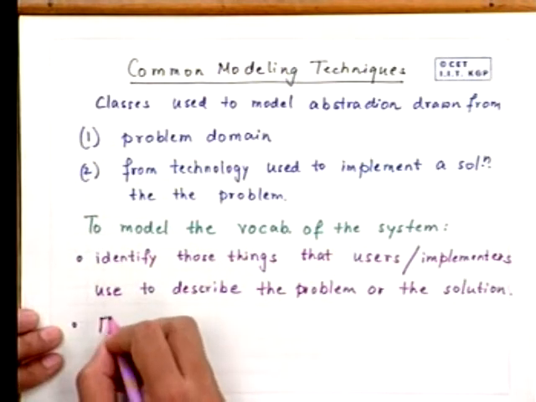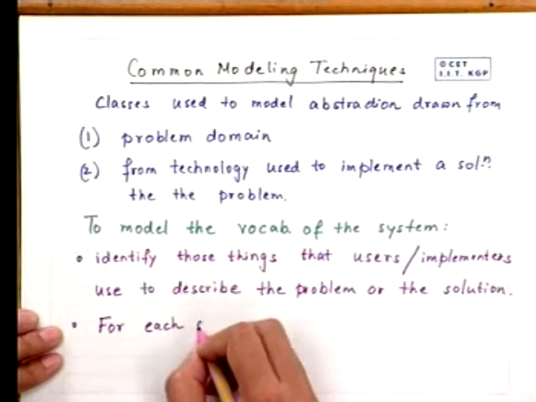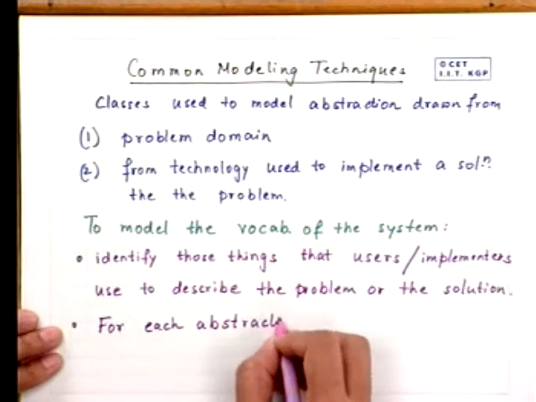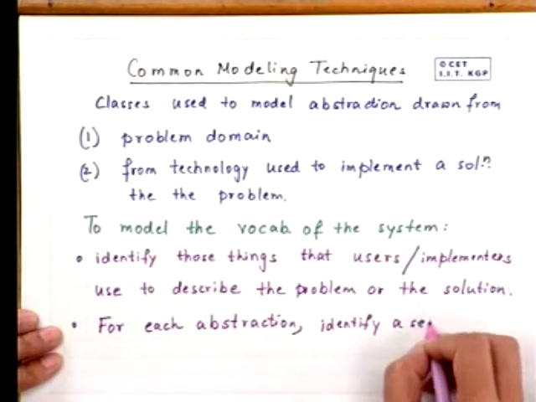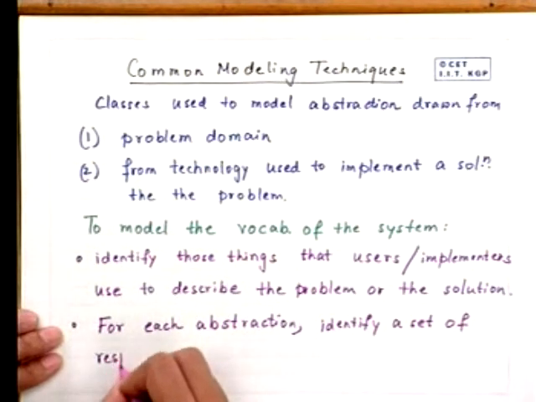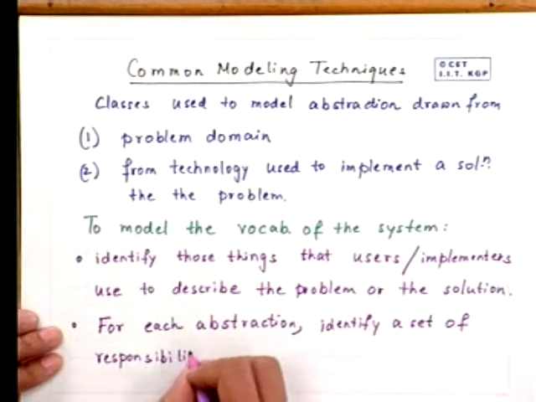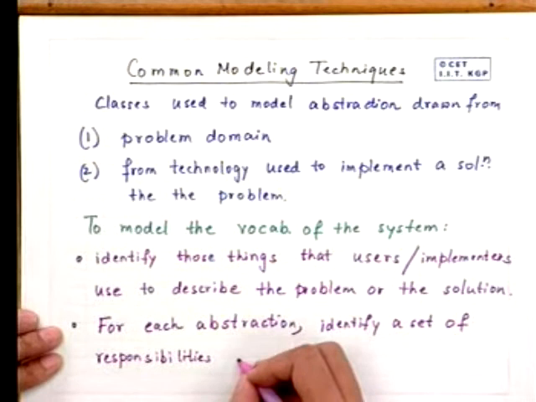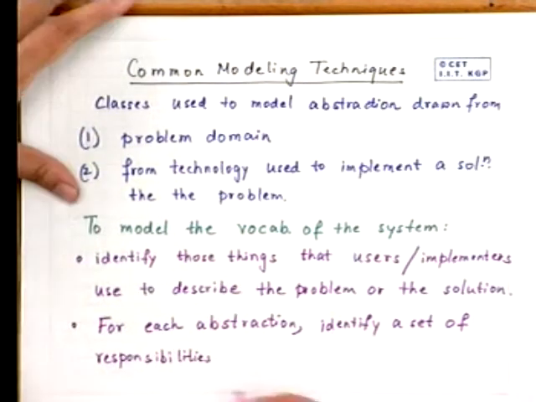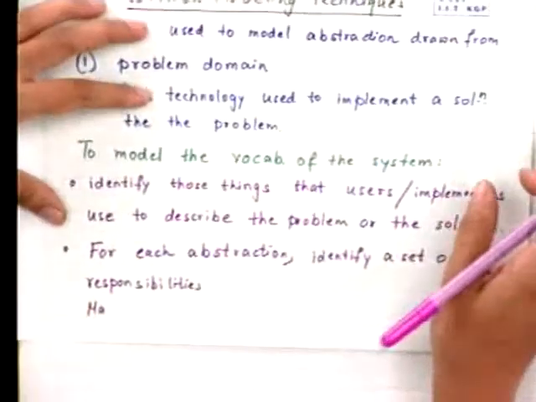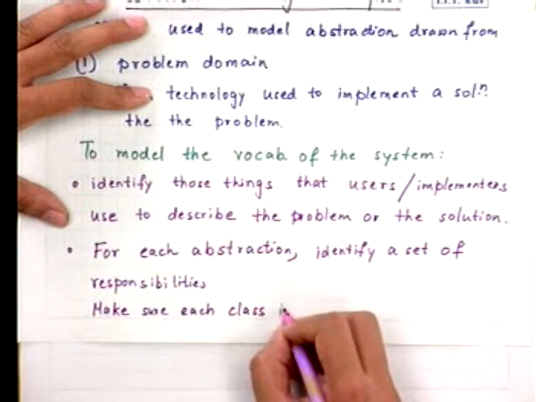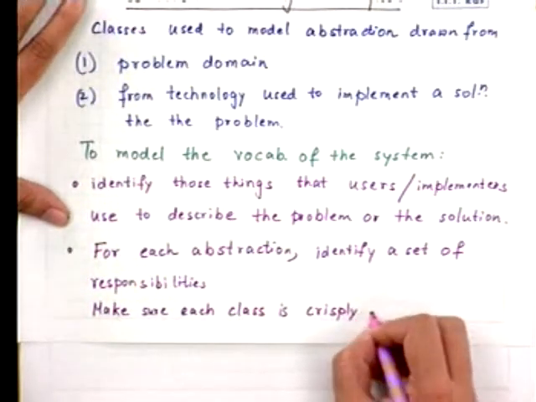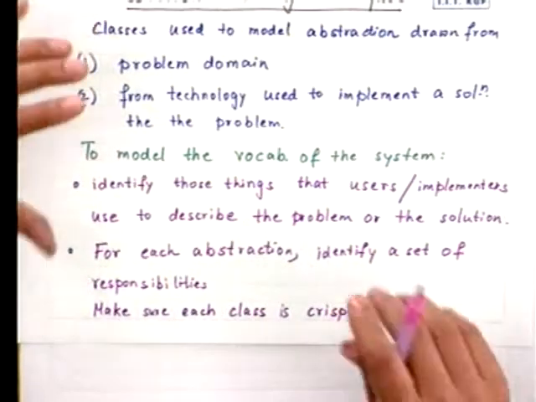Secondly, for each abstraction, identify a set of responsibilities, and then make sure that each class is crisply defined, and between the classes, there is a good balance of responsibilities.